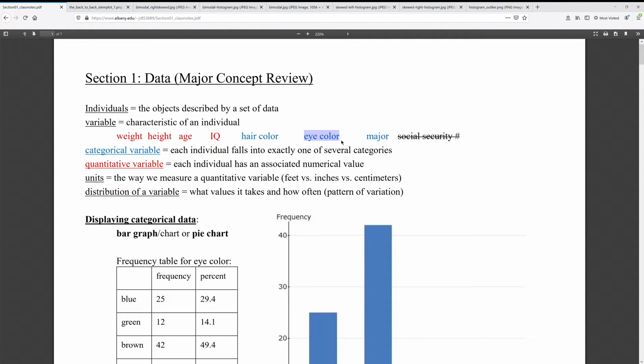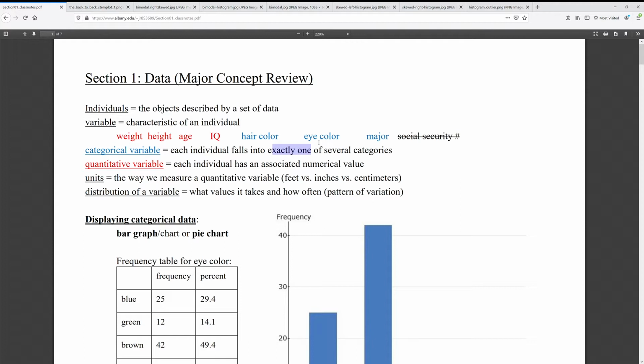In other words, there is no nuance preserved. There is only how many individuals get dumped into each category. And again, exactly one category, so you can't go into more than one category. That is to say, let's say our categories are blue, green, brown, other. Every individual gets dumped into exactly one of those 4 categories.